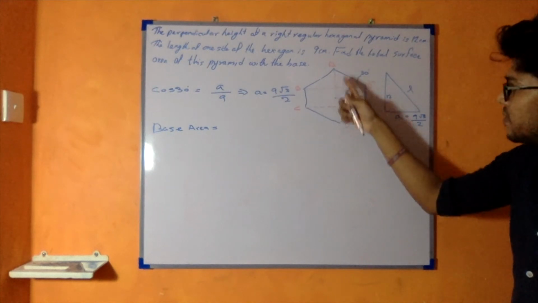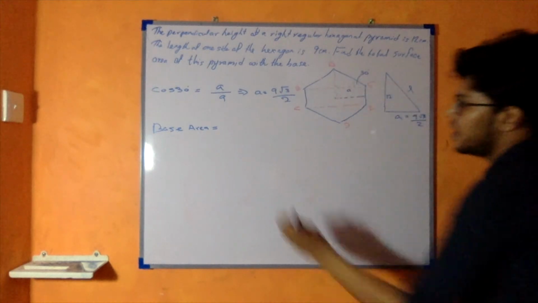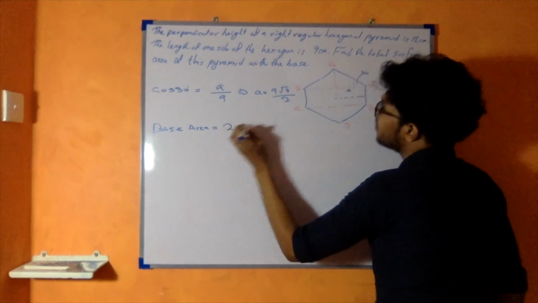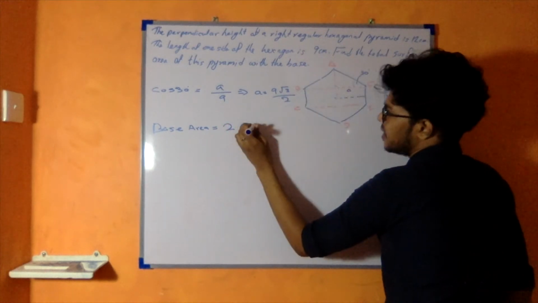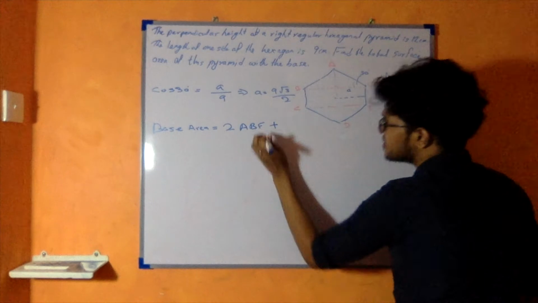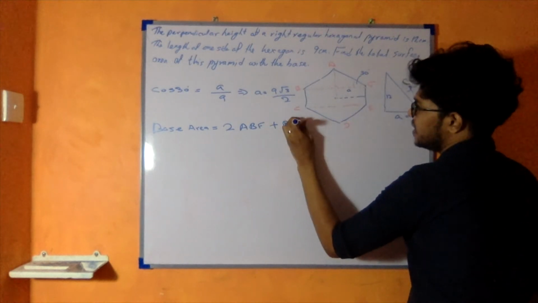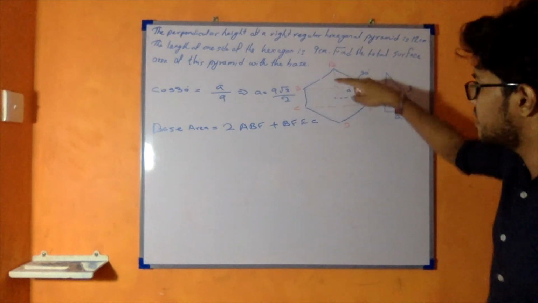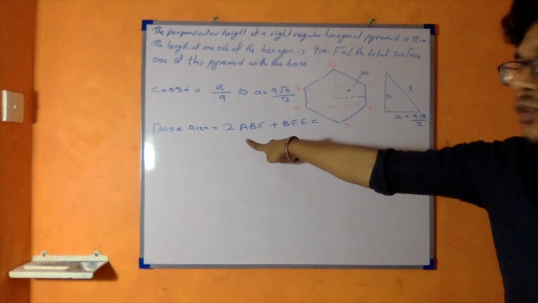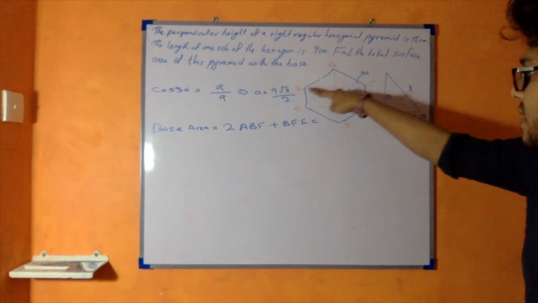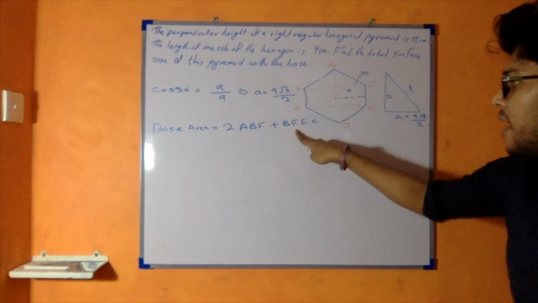Since these two areas are the same, it is twice the area of ABF plus the area of this rectangle, BFEC.